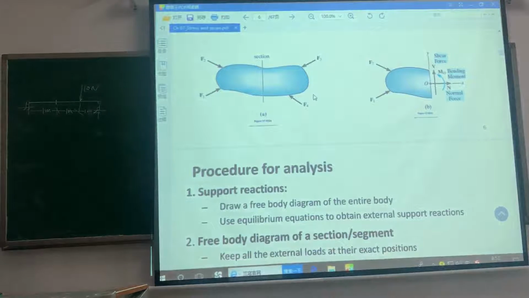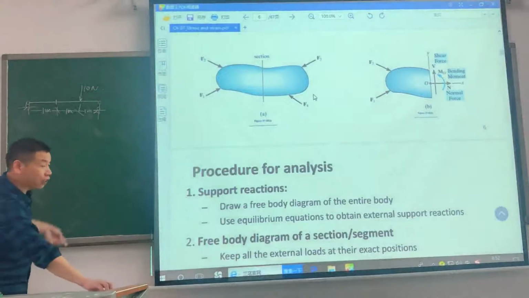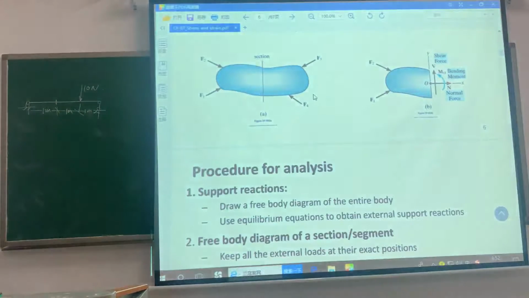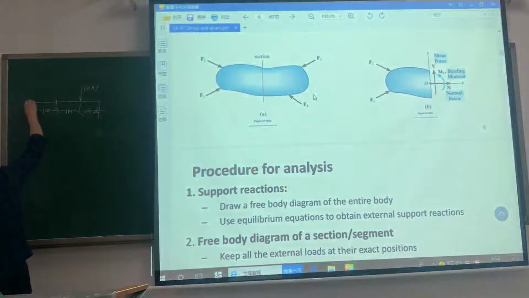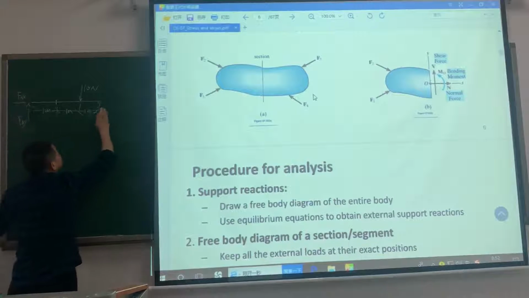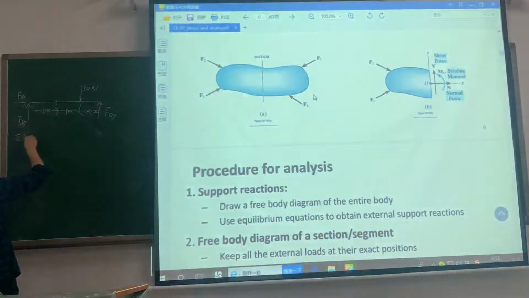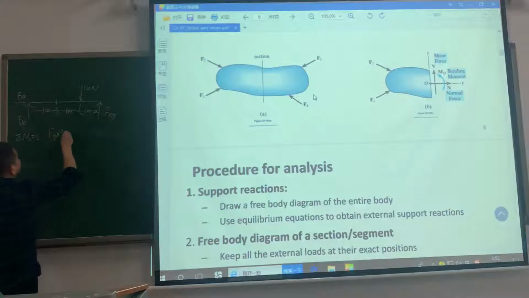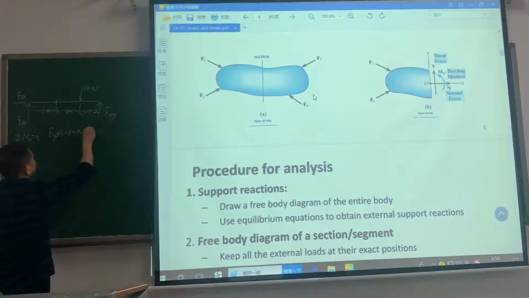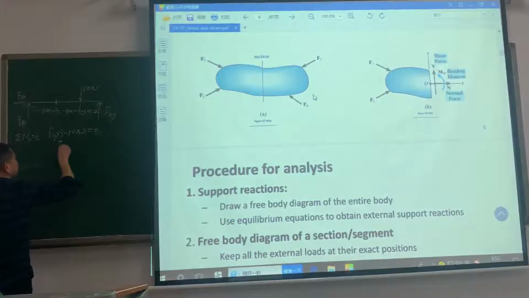In statics, first we have to draw the free body diagram. Suppose this is point A and this is point B. Sigma MA equals 0, FBY times 3 minus 10 times 2 equals 0, so FBY must be 20 over 3.